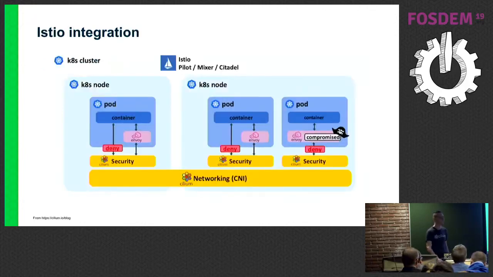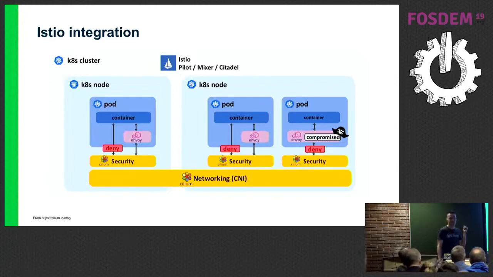And now I will tell about features which were introduced between versions 1.0 and 1.3. The first thing which is quite important is integration with Envoy and Istio.